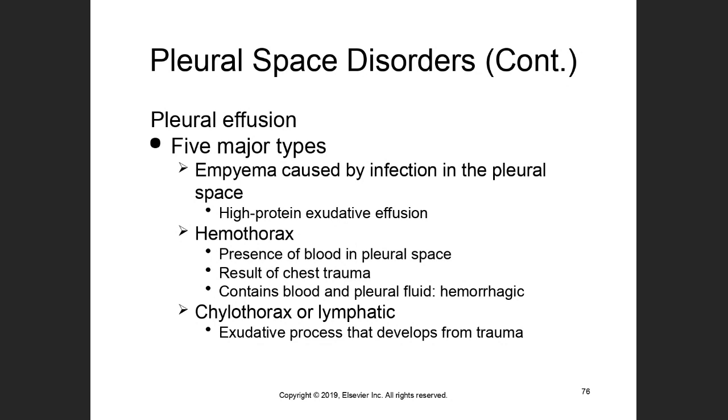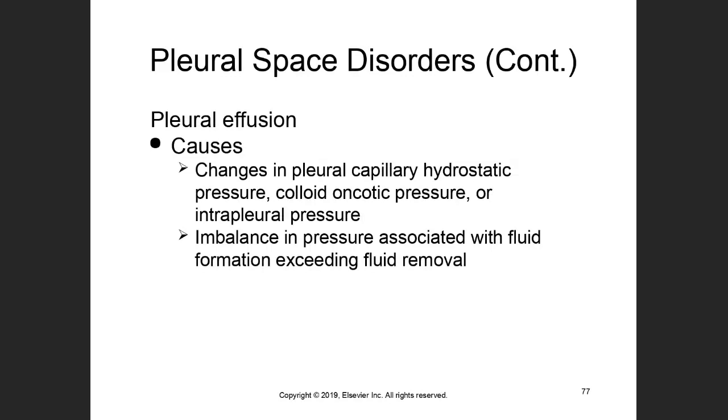This is a type of exudate. Hemothorax is accumulation of blood, okay? It's accumulation of blood in the pleural space. Chylothorax, a lymphatic fluid, is also a type of exudate, okay? So don't get confused, it's just two types, okay?